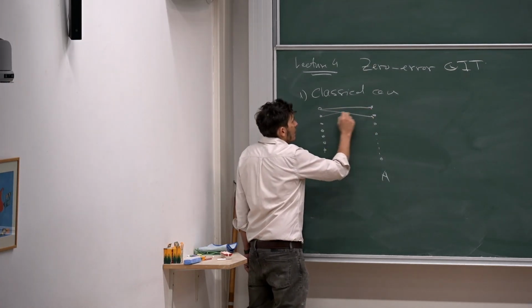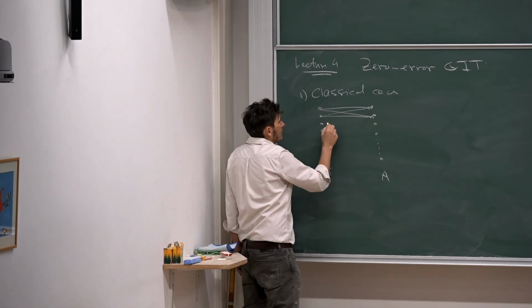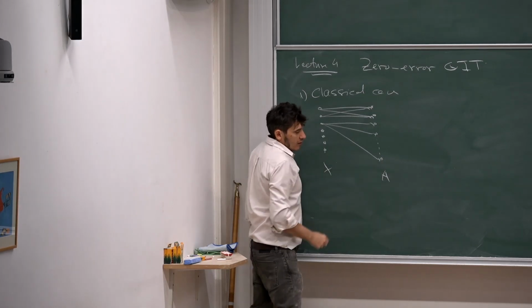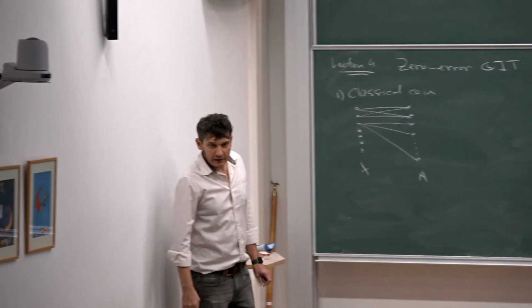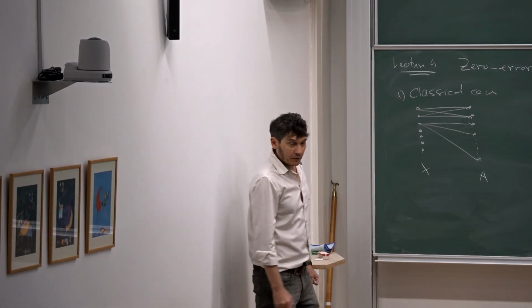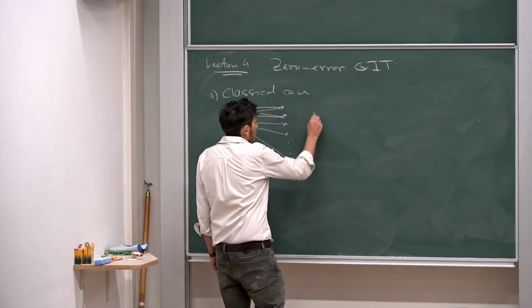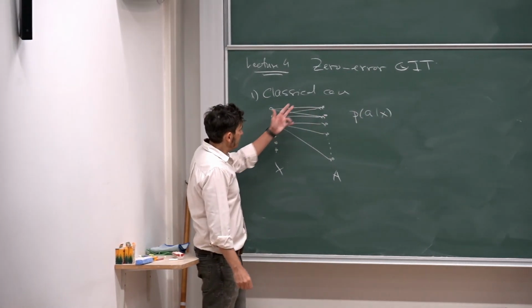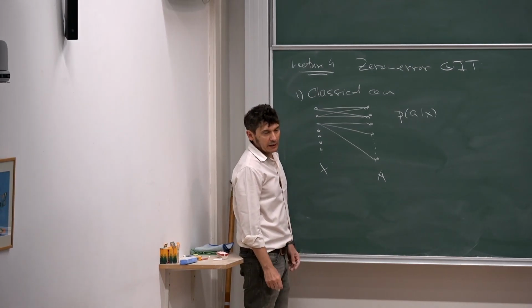So you may have things like that. Every letter can be received as more than one output with certain probabilities. So this boils down to certain conditional probability distributions for every x. You have likelihoods to be sent to A.